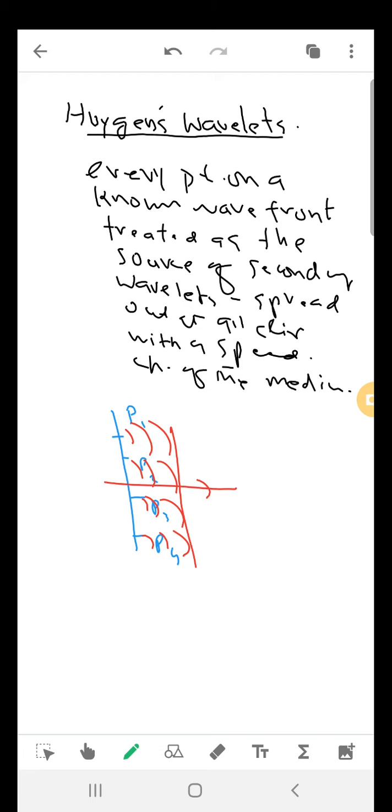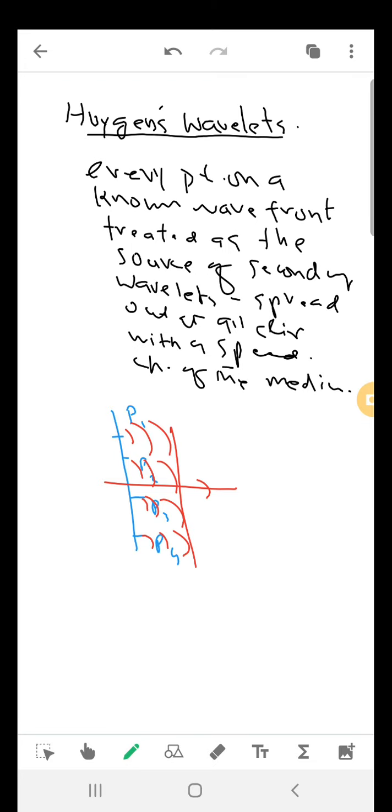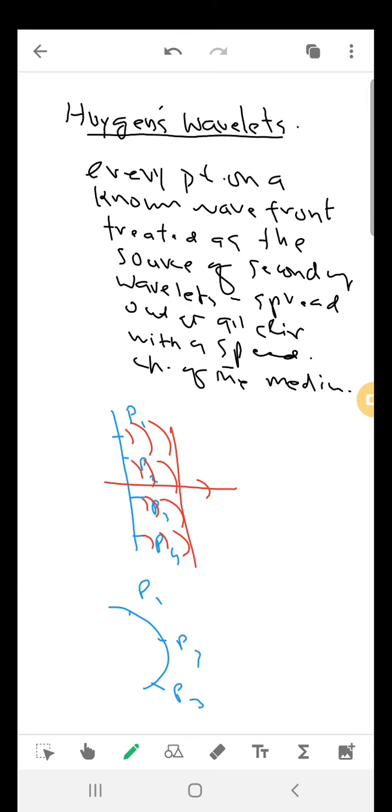And it can also happen for spherical wavefronts, like this initial spherical wavefront. So you have points P1, P2 and P3. Each of them will again be the source of secondary wavelets, like this. So again this becomes the wavefront.